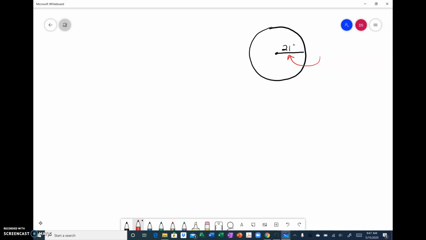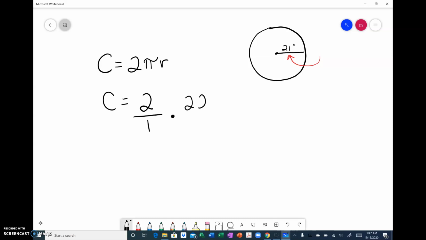So to find circumference of a circle with radius, we are doing 2 pi r, okay? So I'm going to write my formula, and I'm going to plug in what I know, 2 pi r. The circumference of this circle will be 2, and I'm going to go ahead and make it look like fractions because I'm going to use 22/7 times 21.